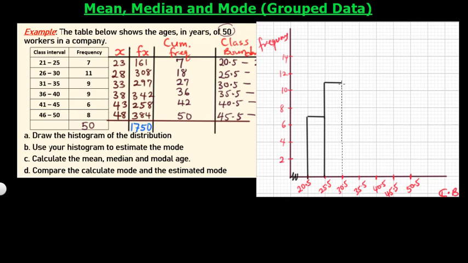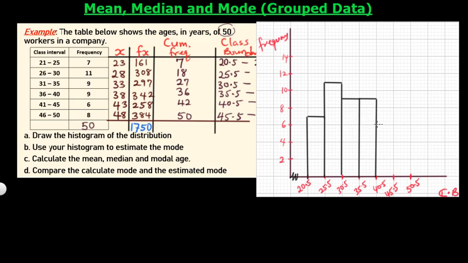That's 25 to 30.5. The next is 9. The 9 is in between 8 and 10. We do that. The next is also 9. So they are together. And followed by 6.